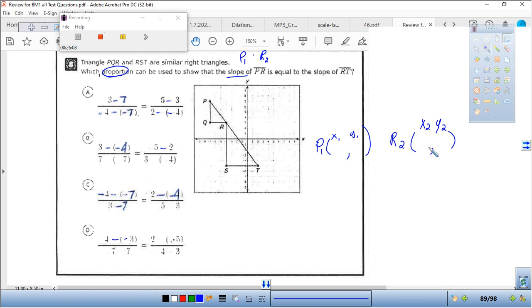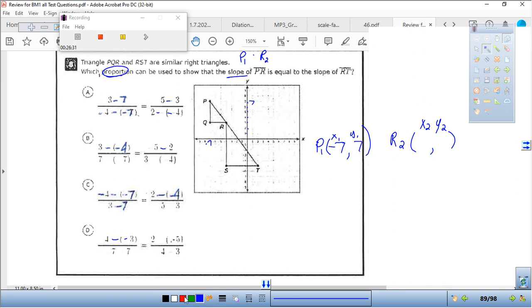Now let's come over here and get the coordinates of P. P is at negative 1, 2, 3, 4, 5, 6, 7, so a negative 7, and up at 1, 2, 3, 4, 5, 6, 7, so a positive 7.